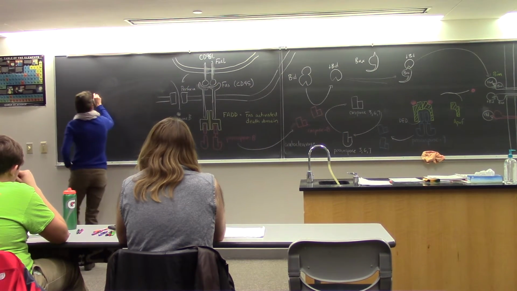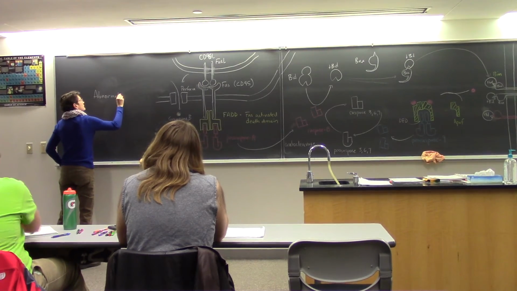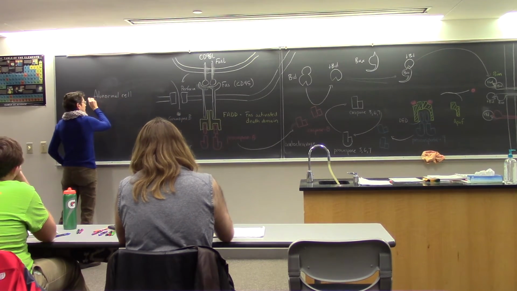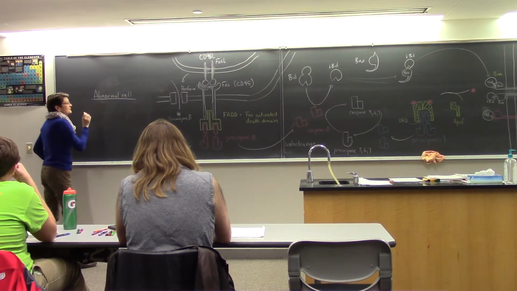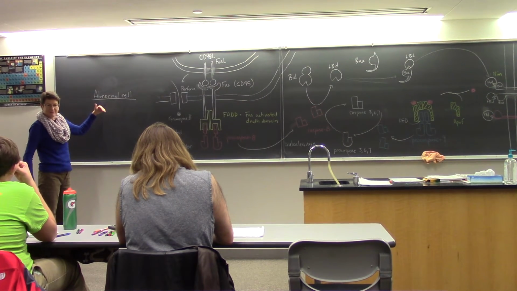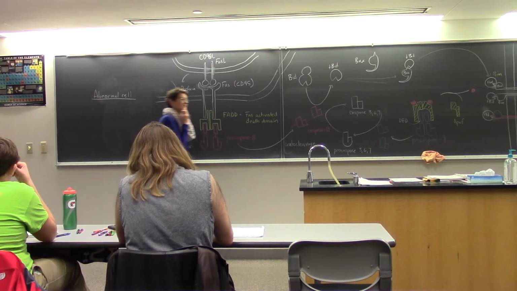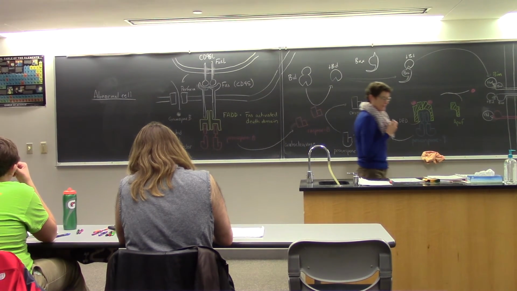But what would be an abnormal cell? First, an abnormal cell has to display some sort of cell surface identifier, like, oh, something's wrong here. But what kind of things would fall under the category of abnormal cell?